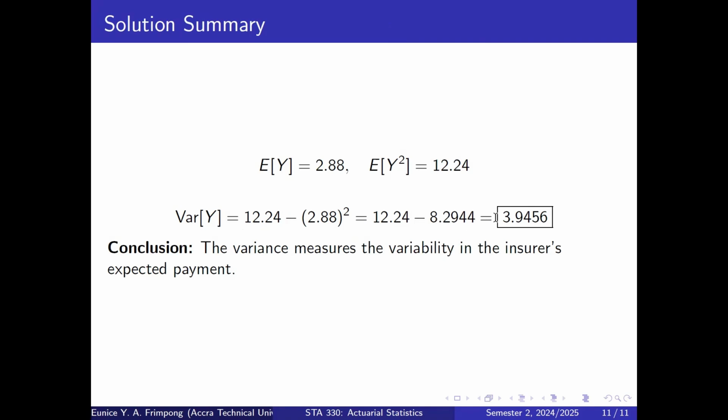And finally, we have 3.9456 as our answer. So this means the average insurance payment is 2.88, and the variability around that average is 3.95. This variance tells the insurer how unpredictable or risky the payments can be.